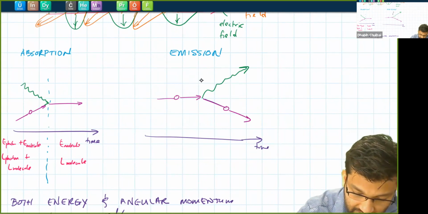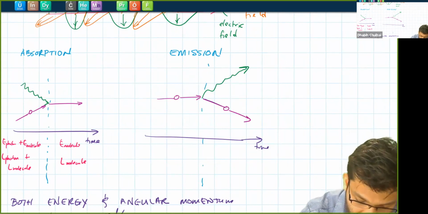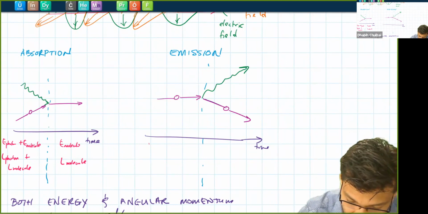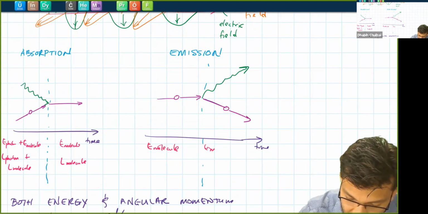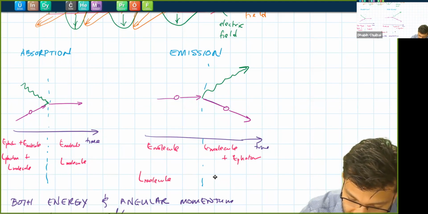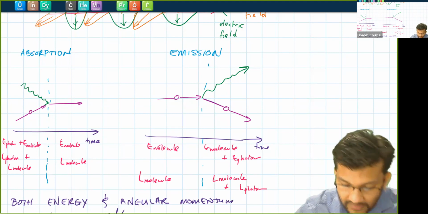It's the same idea. The energy of the molecule before emission should be the energy of the molecule plus the energy of the photon afterwards. And similarly, the angular momentum of the molecule should be the angular momentum of the molecule plus the angular momentum of the photon. Those things must go somewhere.